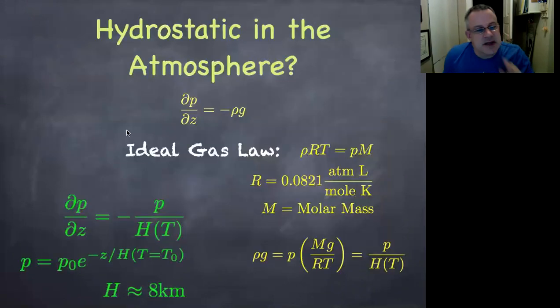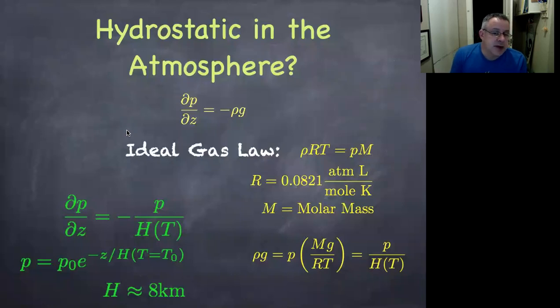All right, so let's do a couple of examples of hydrostatic pressure to see how we solve this equation. We solved it just with an integral form, but we can actually write down the real solution if we knew what the equation of state was. So for an ideal gas, the equation of state is rho R T equals P times M, where R is that constant in those units, and M is the molar mass.